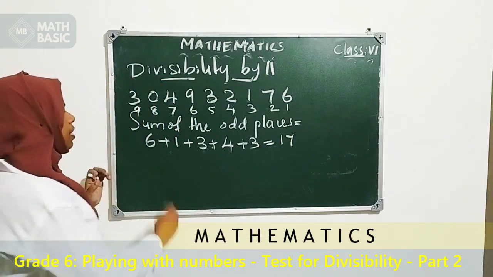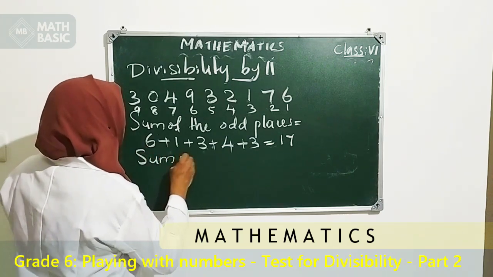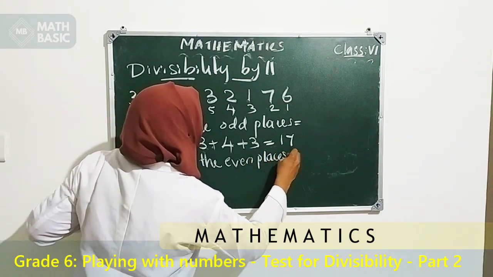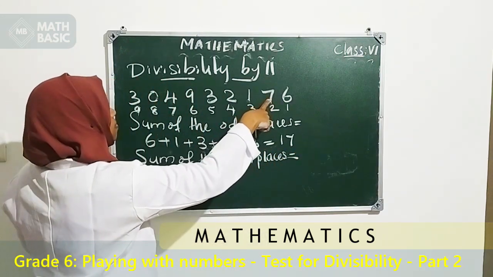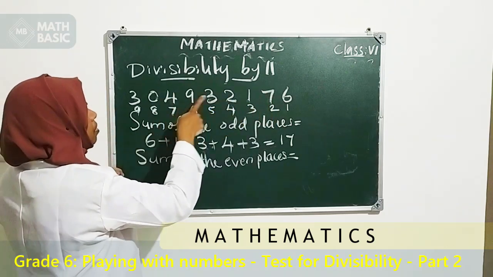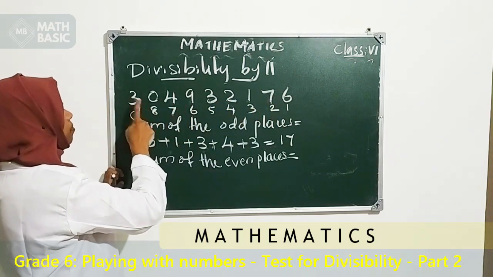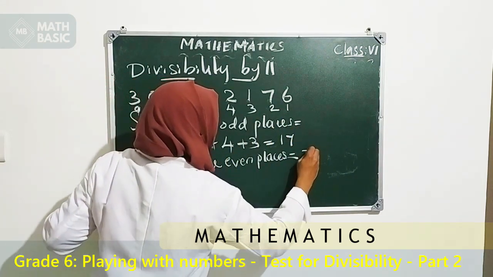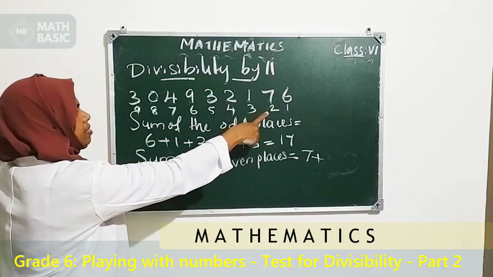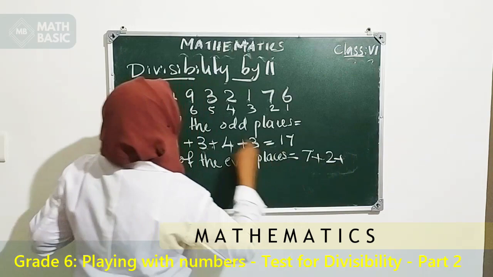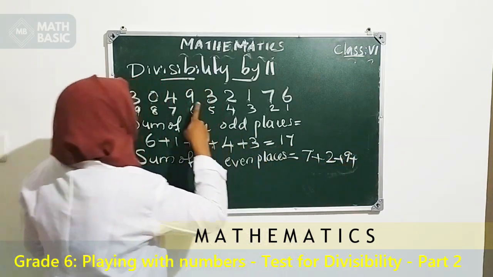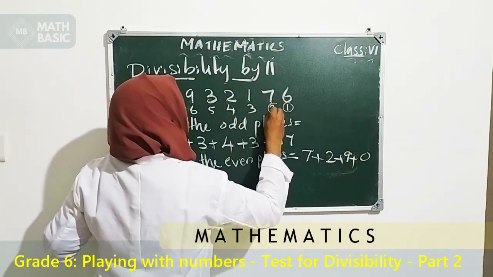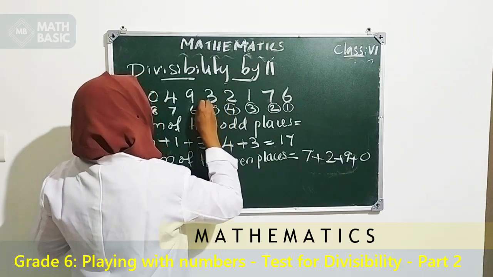Then the sum of the even places. The even places are 7, 2, 9, 0. That is 7 plus 2 plus 9 plus 0.